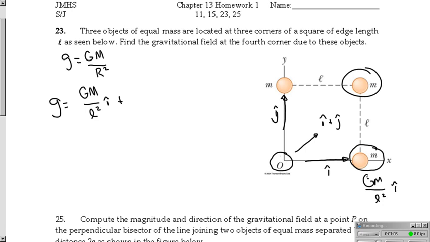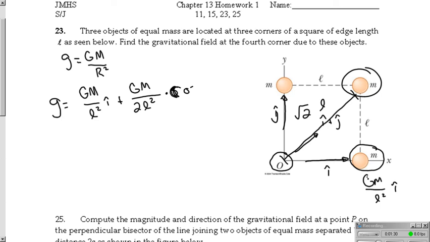Now the distance between here and here, well, that is just the square root of 2 times L. So as we do that, we end up getting plus GM over 2L squared. But we also have to have a cosine for the i hat direction.